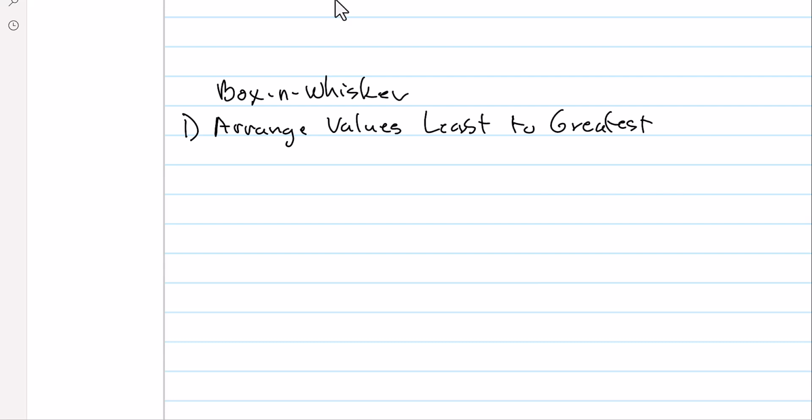Then go ahead and mark the low and high values on a straight line.